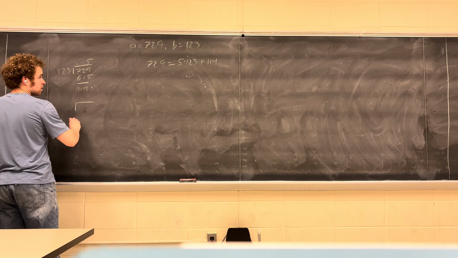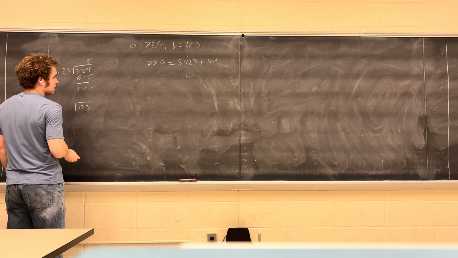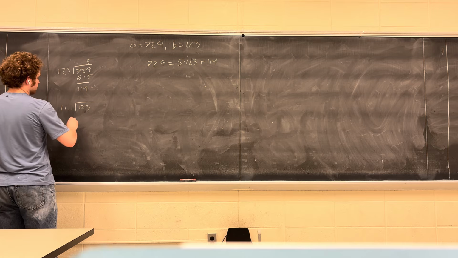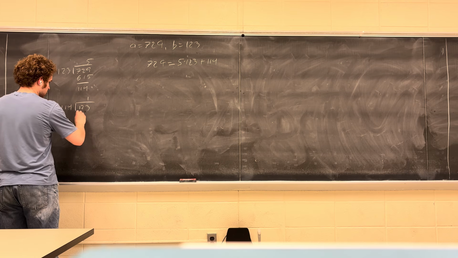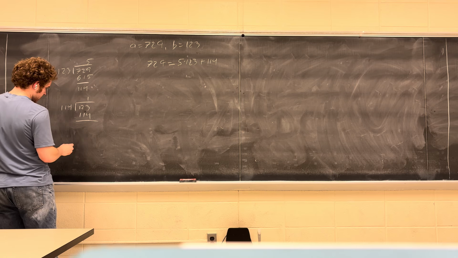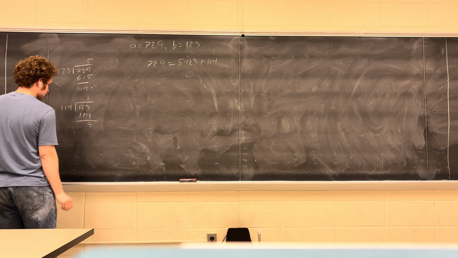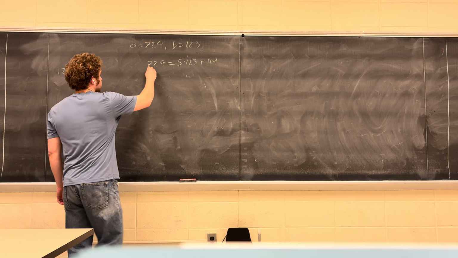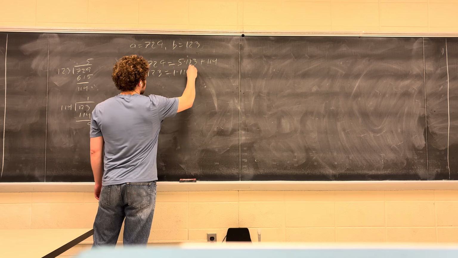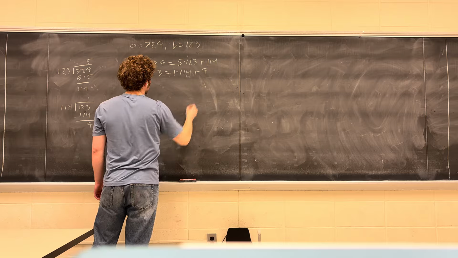Okay. Now we would proceed. We have 123 is going to be equal to what we divide by 114. It goes in 1 time, and then when we subtract, we get just 9. So 123 equals 1 times 114 plus 9. Okay.